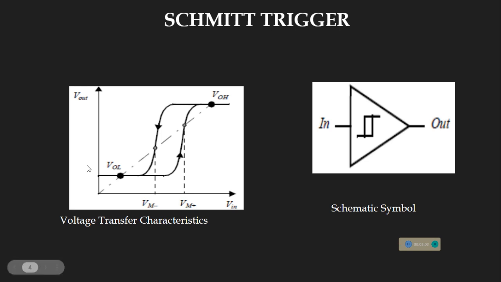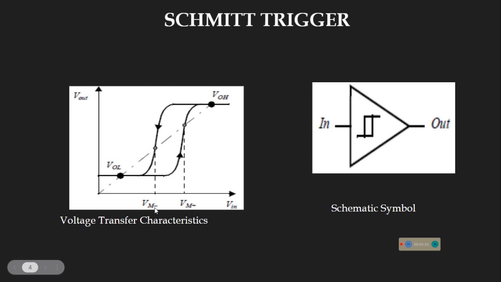On the left hand side we could see the voltage transfer characteristics. On the x-axis we have taken the input voltage and on the y-axis the output voltage is taken. That is, this curve explains the variation of the output voltage with respect to the input voltage.